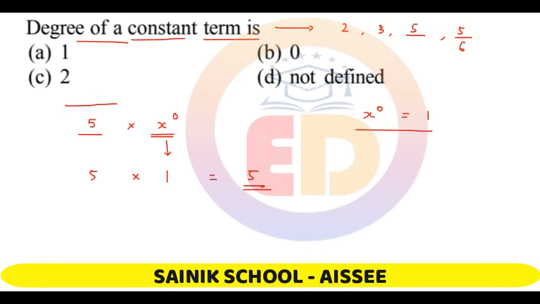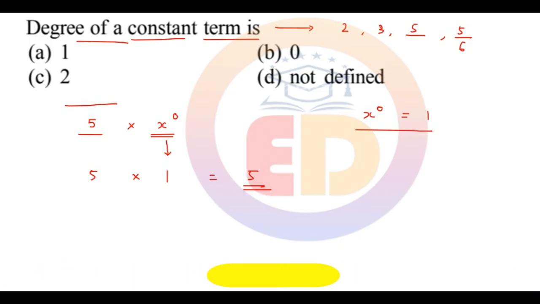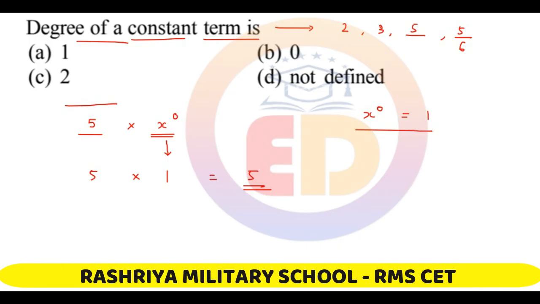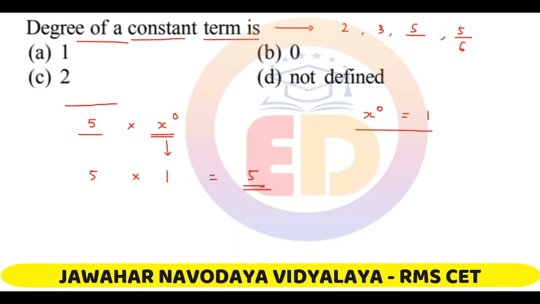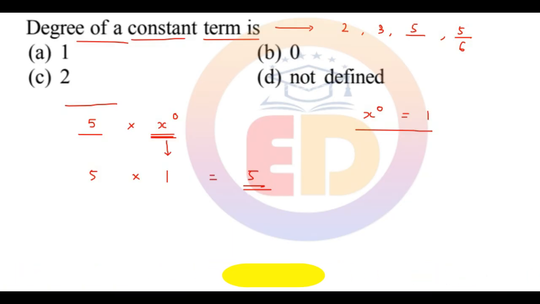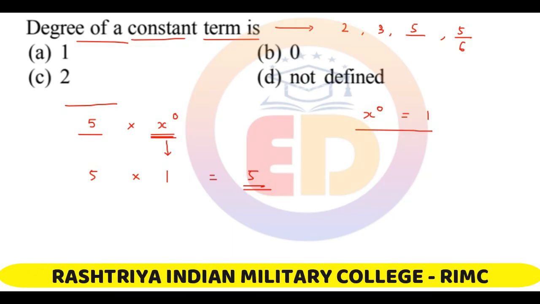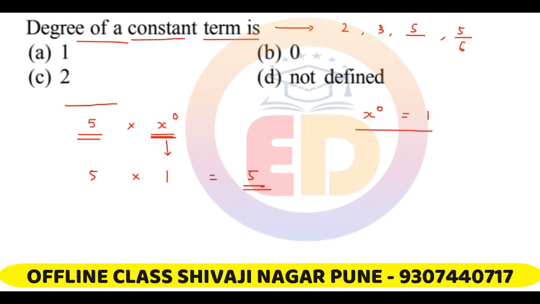Then you will ask, if the value is coming same as 5, then why are we multiplying this by x power 0? We are multiplying this by x power 0 because to find out the degree, we should have a variable term. And since right now 5 is only a constant number, there is no variable term, I will multiply it with the variable term x power 0.